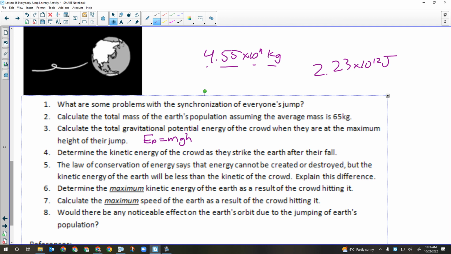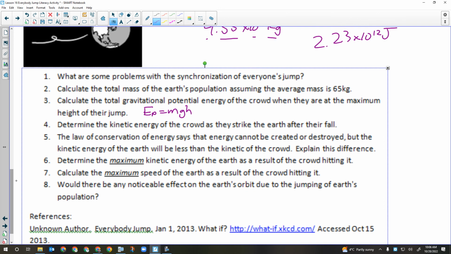We want to determine the maximum kinetic energy of the earth as a result of the crowd hitting it. Last year in Science 10, you learned that kinetic energy is 1/2 times mass times speed squared. The amount of kinetic energy the earth would receive would be this much.